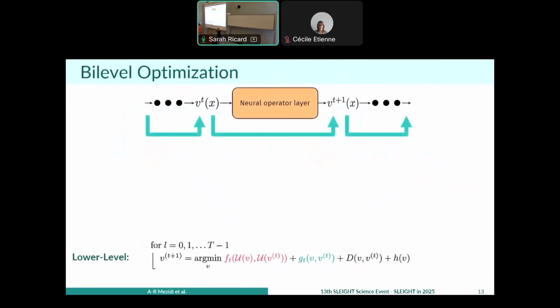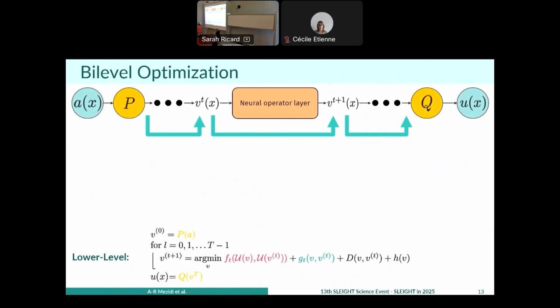So we've said that the output of each layer will be the solution of an optimization problem, depending on previous layers. We call this optimization problem the lower level problem.